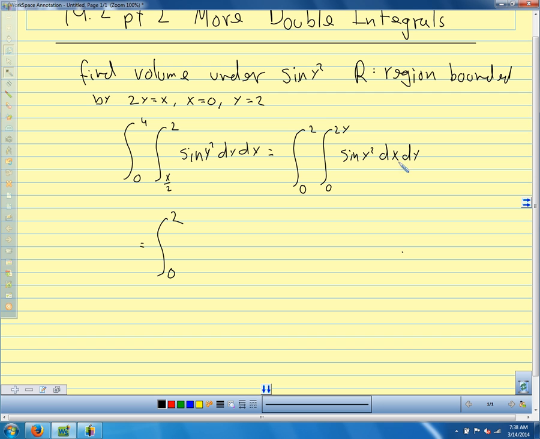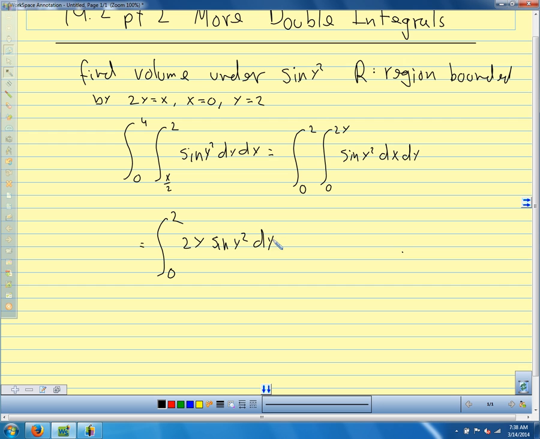We're integrating with respect to x, so the integral is x sine y squared evaluated from 0 to 2y. So we end up with 2y sine y squared dy.